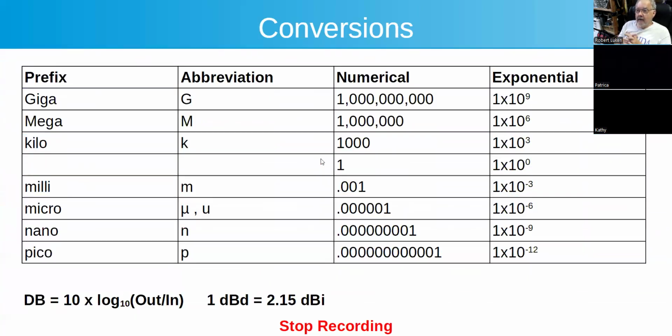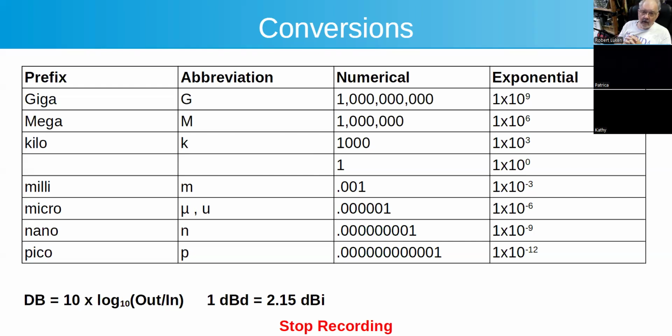Okay, we talked about these prefixes and conversions. The ones you need to remember are giga, mega, and kilo for the positive ones.